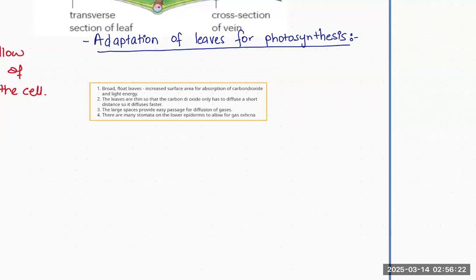And there are more chloroplasts in the palisade and spongy mesophyll cells because they receive the most sunlight.